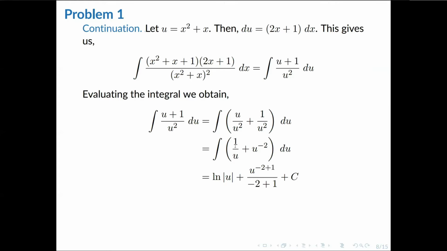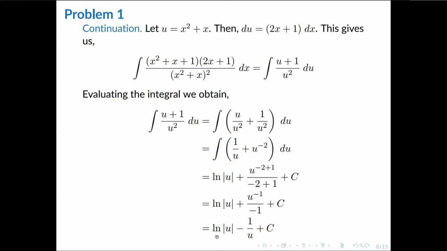Since itong mga forms na to ay may readily available integrals naman, we can express 1 over u as ln absolute value of u and u raised to negative 2 as u raised to negative 2 plus 1 all over negative 2 plus 1 plus an arbitrary constant c.